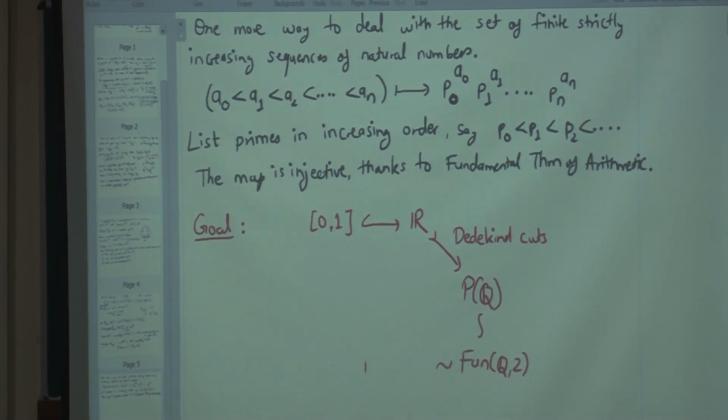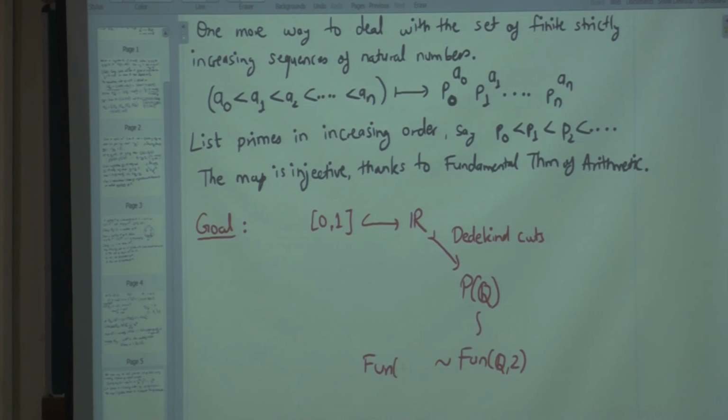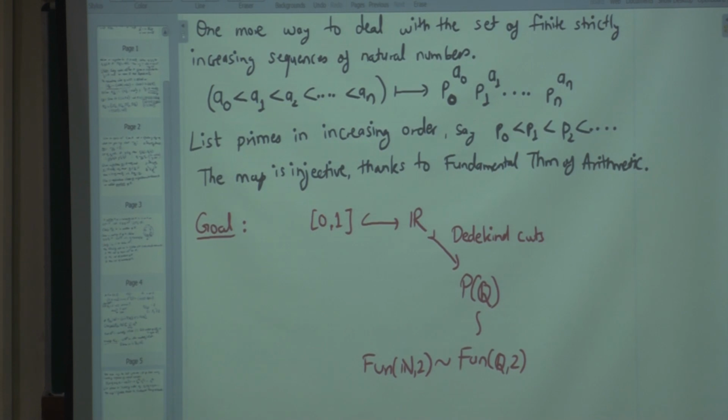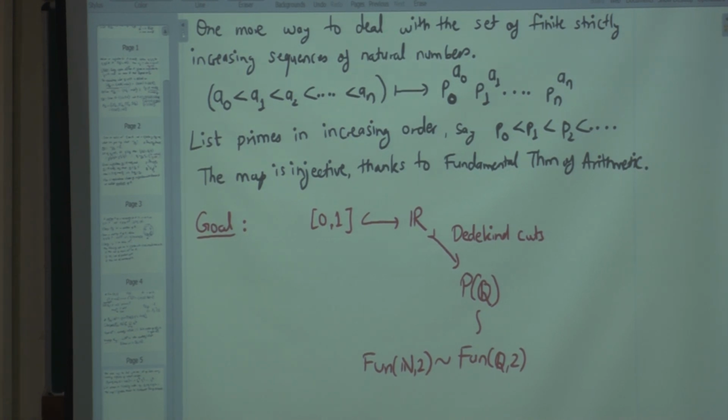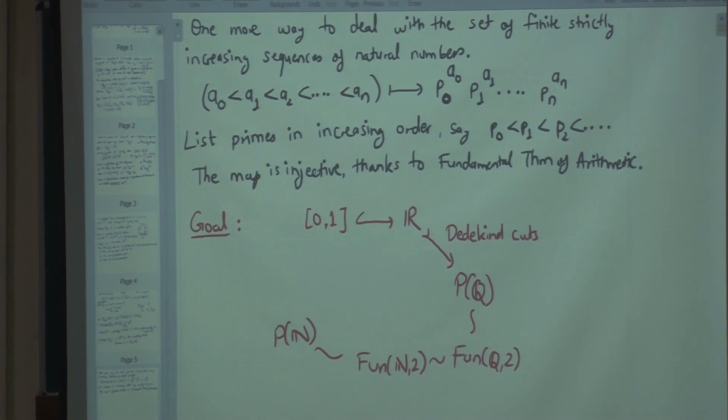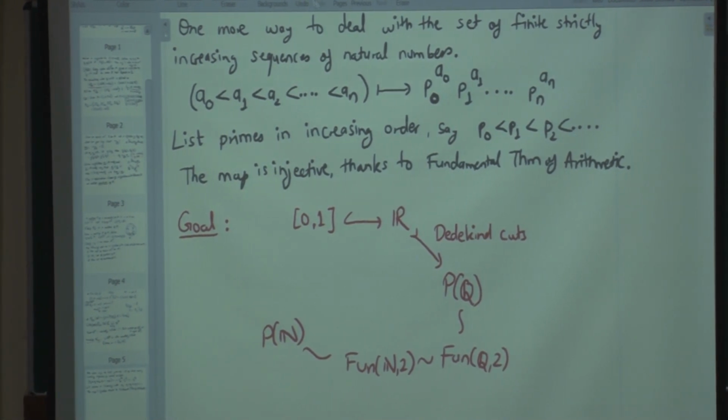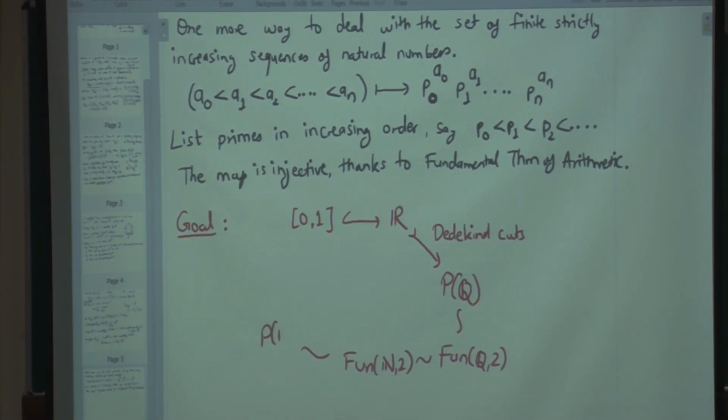This is in bijection with functions from natural numbers to 2 also, because natural numbers and rational numbers are countable, so there is a bijection between them, right? So then there is something like the power set of N. Oh, sorry, I don't even need this. Maybe I am writing this unnecessarily.